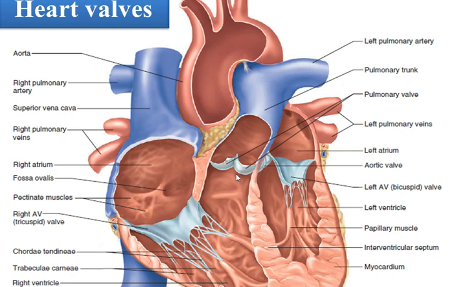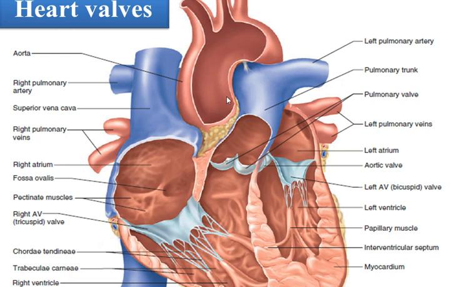And the other valves which separate between the ventricles and the vessels, the first one we call the aortic valve. This is the aortic valve here, and this separates between the left ventricle and the aortic artery.